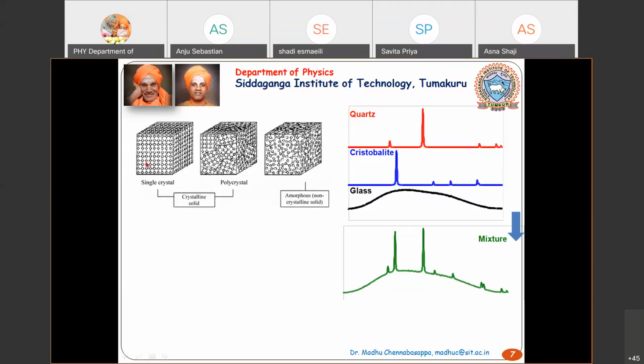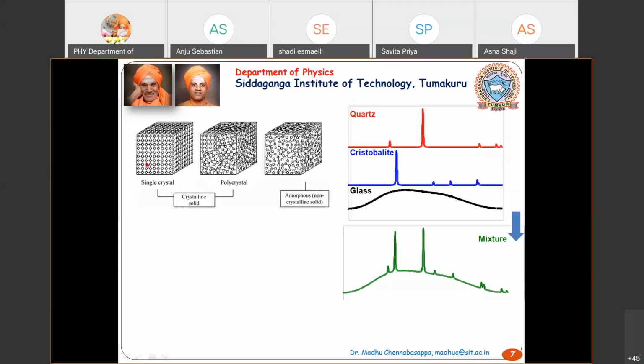And there are peaks. So this peak you can say is from your cristobalite, your second phase, and then the small peak, and the next peak is due to your quartz. Okay, so just a minute. Okay, so this is fine.